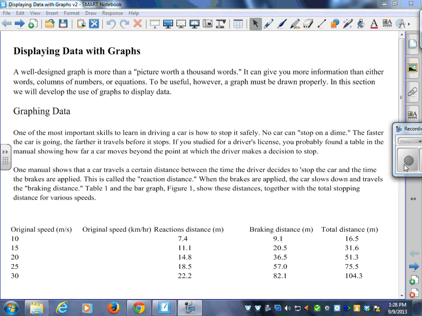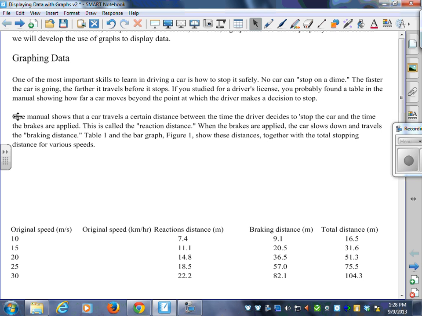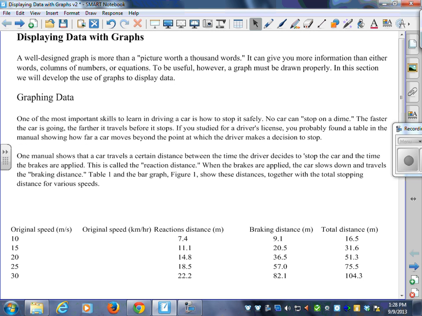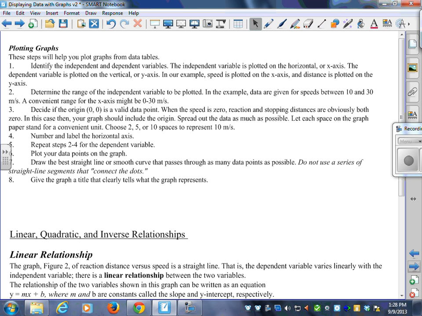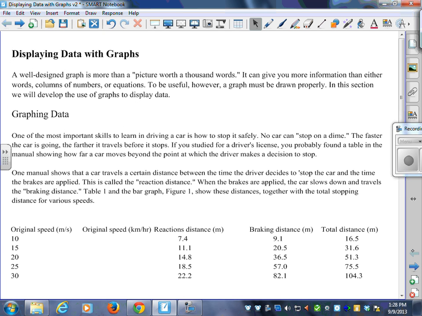So, graphing data. And that's not what I wanted to happen. Why did it do that? I think I have to actually, maybe I should do this. Underneath your recording, you can hit your scroll bar.